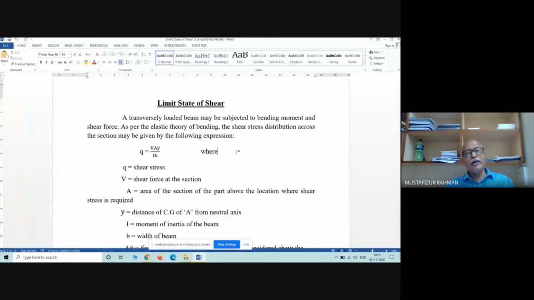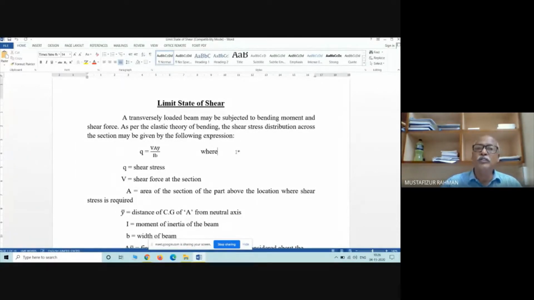Similar to bending moment at any cross section, and at any location with respect to the neutral axis, which we had obtained even in your strength of materials or applied mechanics, and had also discussed in the third or fourth class, we now consider shear. We had obtained shear force at different locations in the beam. At any location of the beam, we know the magnitude of the shear force.